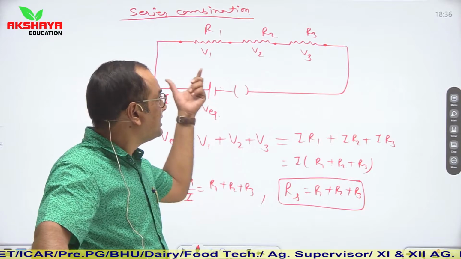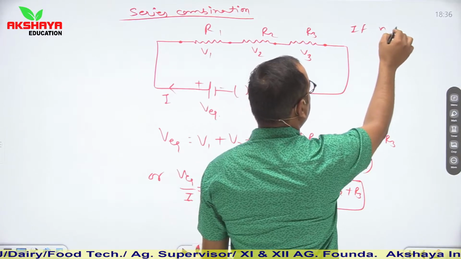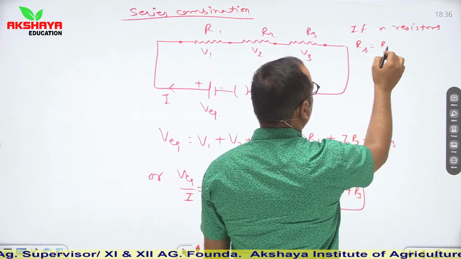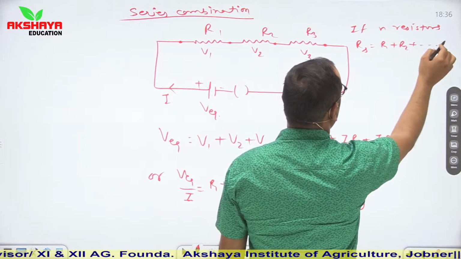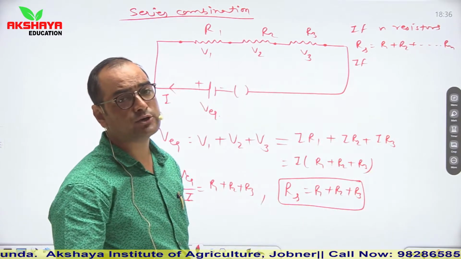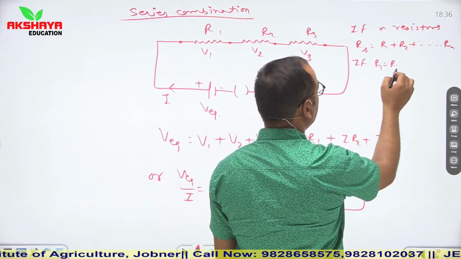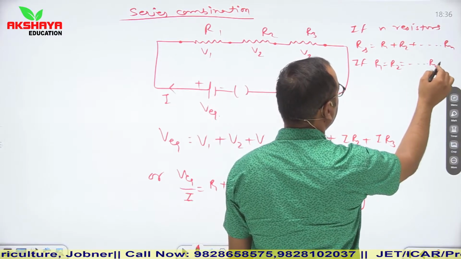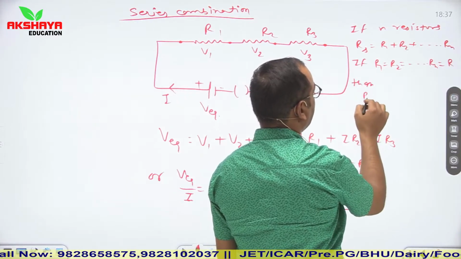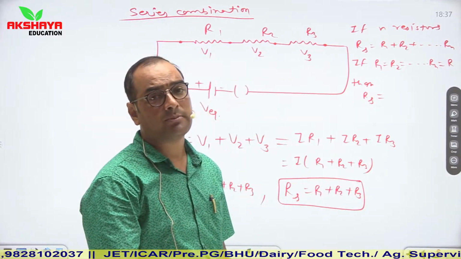Now if we consider that there are n resistors connected in series, then RS is equal to R1 plus R2 plus R3 up to Rn. And if all the resistors connected in series have the same resistance, it means R1 is equal to R2 is equal to R3 up to Rn, and all the values are equal to R, then RS is equal to R plus R plus R, n times.